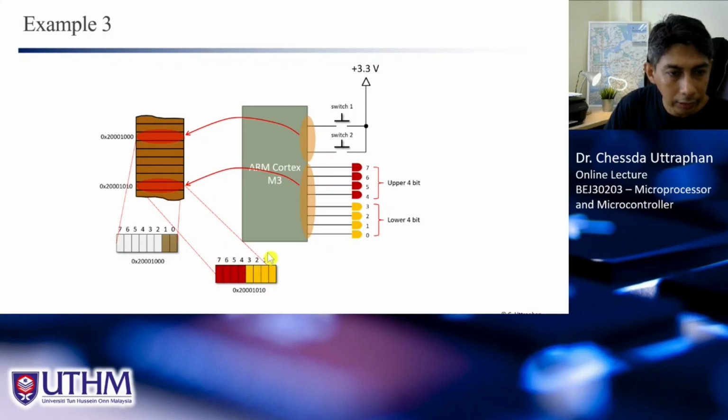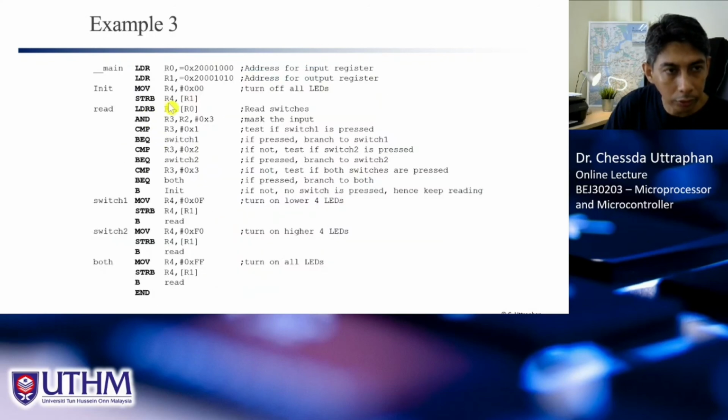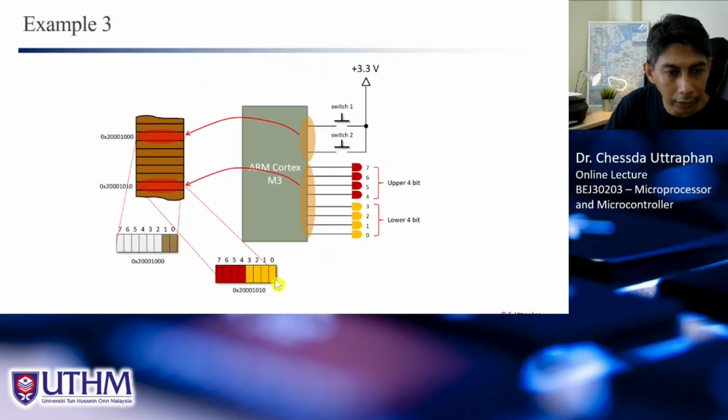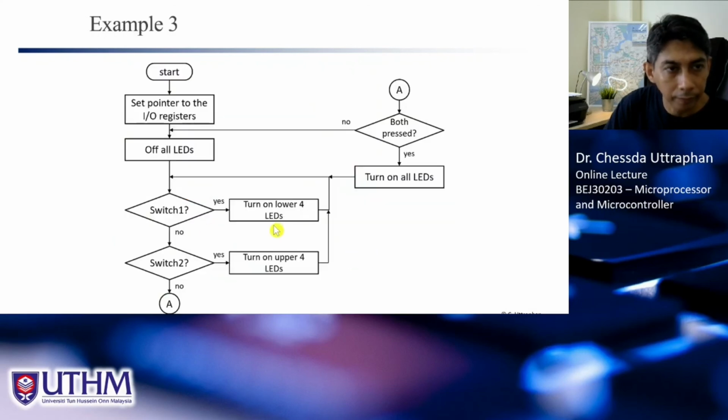The 0 must be in the microprocessor first and we send it to the memory, so we need to use store. So store R4, where R4 has 0, to R1. When we send 0 to this memory location, of course we will have all 0 here, and when we have all 0 here, we will have all the LEDs off.